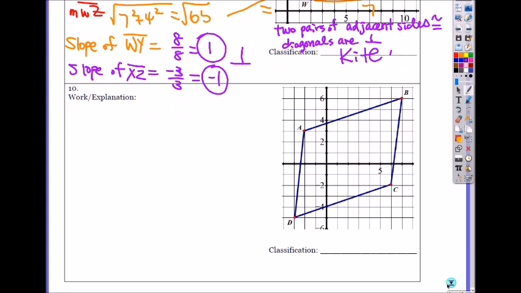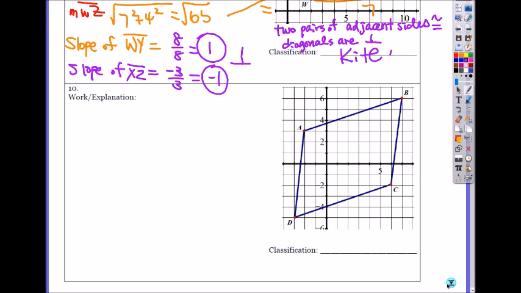So let's do one more together. So what about this one? What does it look like? A parallelogram. So for a parallelogram, what do you have to prove? Opposite sides are parallel. Is that all? I think so.